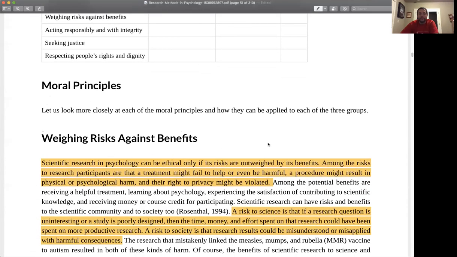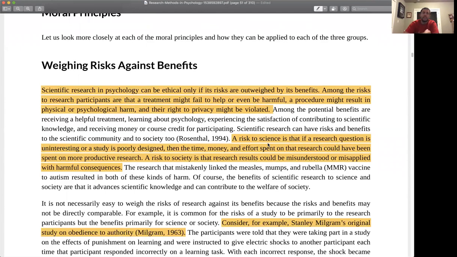Weighing risks against benefits. Ultimately, we can only be ethical if we can minimize the risks. Almost every single psychology research study is going to have some degree of risk. Sometimes it's going to be blatant, that you're causing physical harm to somebody or asking them to relive a traumatizing event.